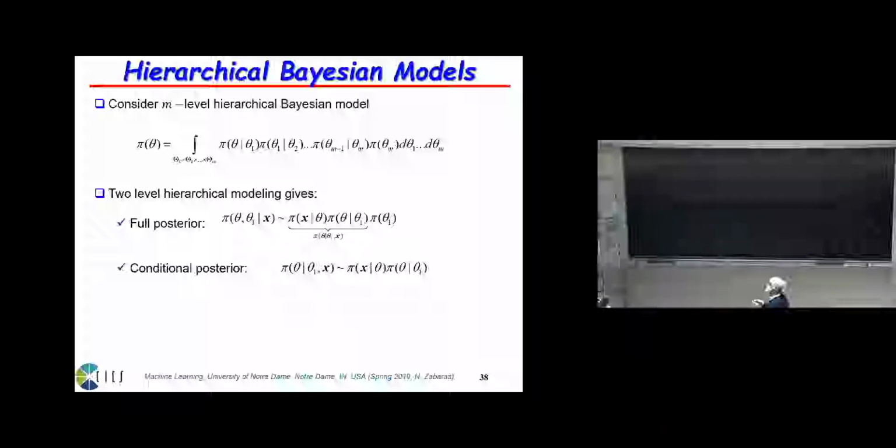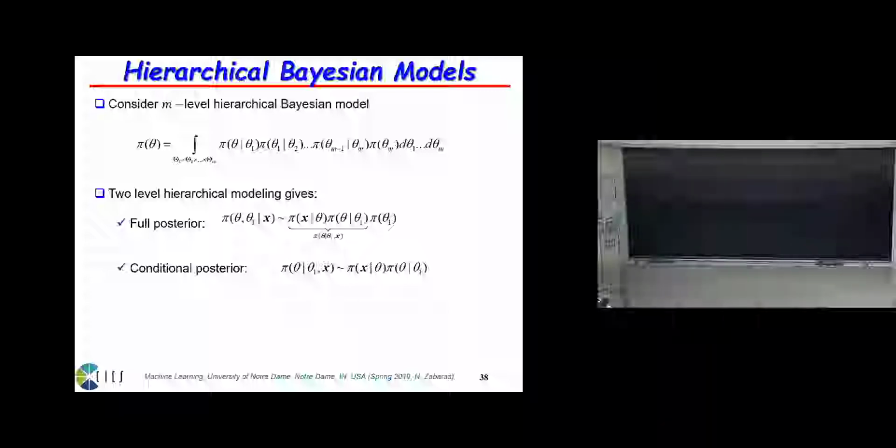And notice again, the likelihood depends only on theta, because if I know theta, that's sufficient to know x, right? Theta depends on theta 1, and then you have a prior on theta 1. So that's the full model that somehow we will try to avoid today by doing some tricks. Okay? So we will try to avoid doing this calculation where we compute the full posterior.